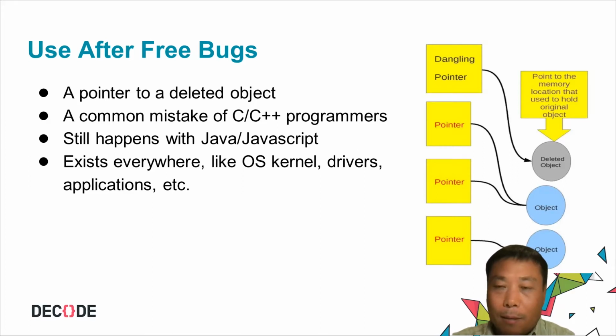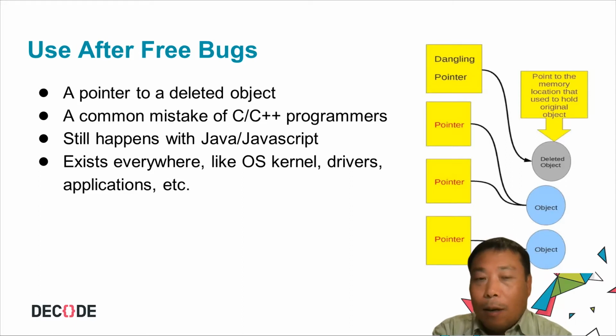And we may still try to access the object with a dangling pointer. In this case, the data in the object has been changed. So the program may crash or it may not. It really depends on what data is in the object.